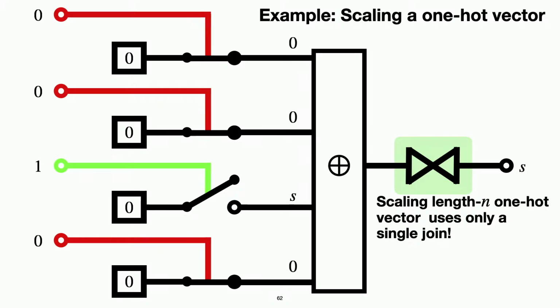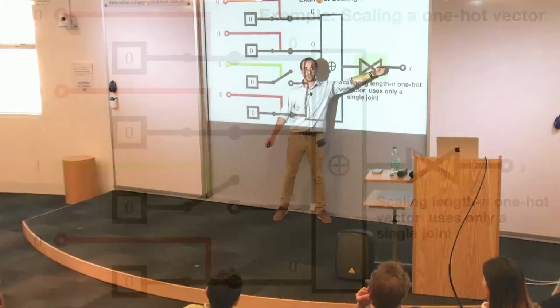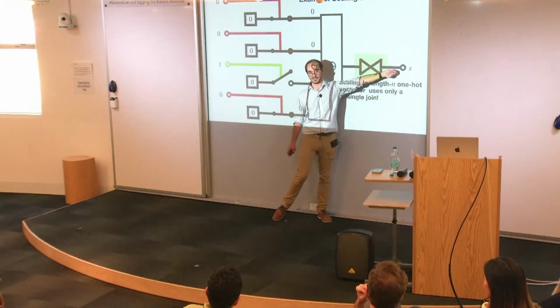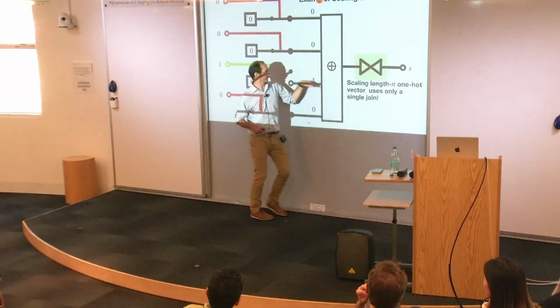So if there's no join here, then both of these wires are unconstrained. Because nothing is enforcing what they are. If you want to set this wire, you can just say, oh yes, I have some other wire in my circuit whose value happens to be s. I'll just connect it, and now it goes here.